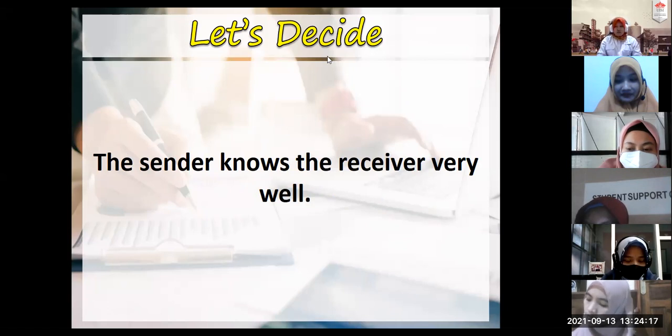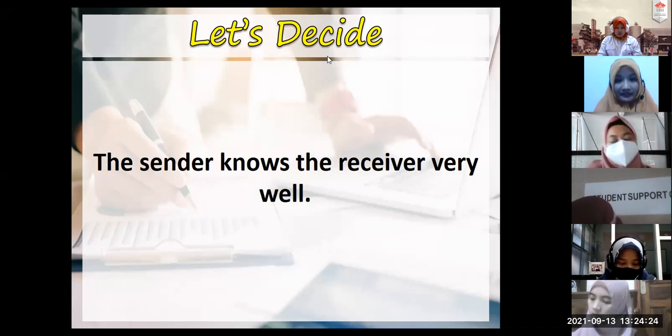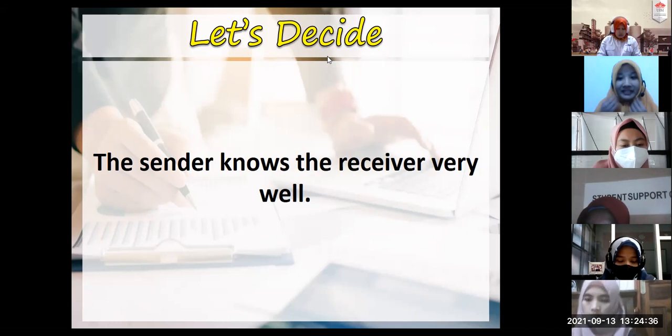The email, others? Letter. The letter, okay, the letter is the B one. So A is email, B is letter, C is the memo. Others? Memo. The memo, okay. So Mr. Hafiz, can you tell us the reason why you choose email?